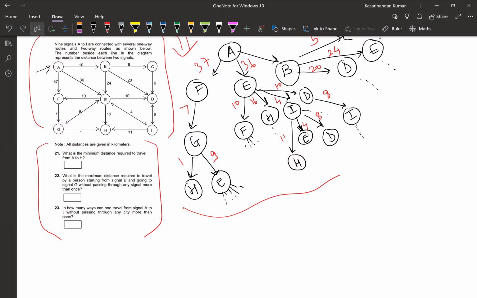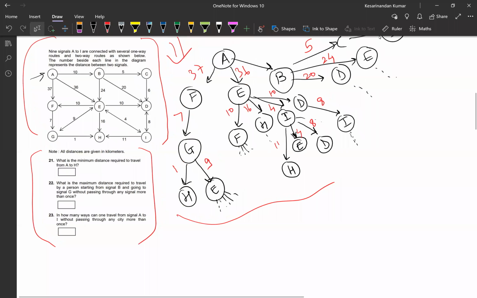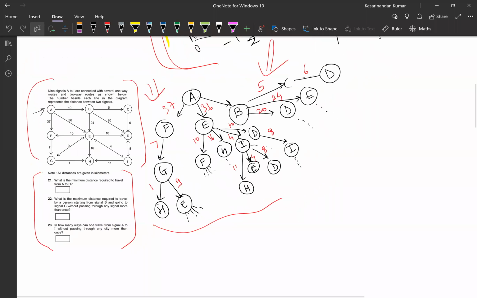I would give you a hint in this question. This tree diagram would help you a lot. Yes, Ashwik, now it's correct.